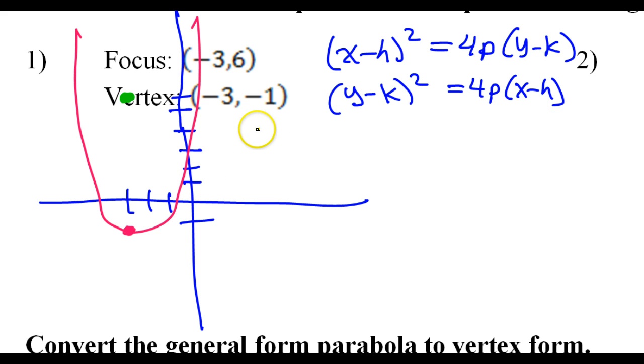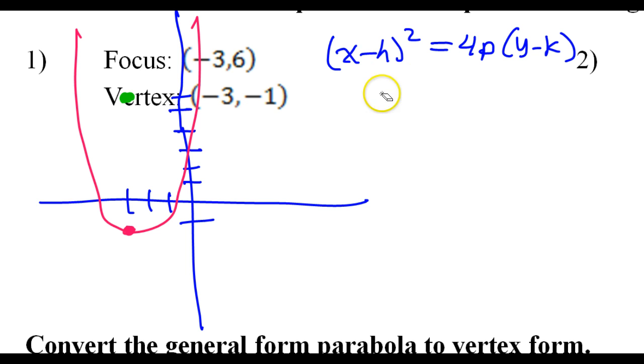Is this a situation where the x is going to be squared or should the y be squared? Well, this is a very normal looking parabola. It's right side up. And a normal parabola is the type where we have like y equals x squared. So we're going to go with the first version because it has the normal x squared. So that's the first thing, knowing to use this model.